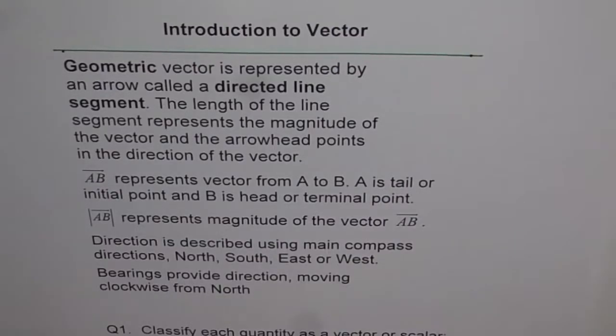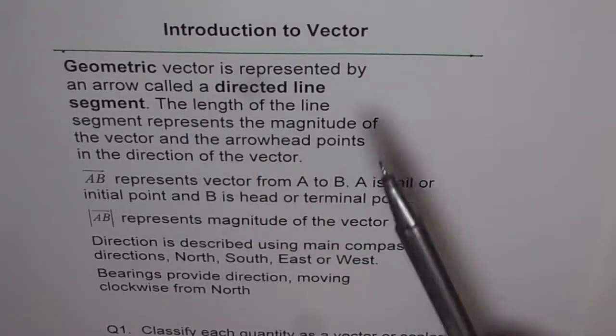Introduction to vectors. Now we'll describe what a geometric vector is and how to represent a vector in that form. So that is our first part. I've written the definitions here, so go carefully through these definitions and try to understand what a geometric vector is.